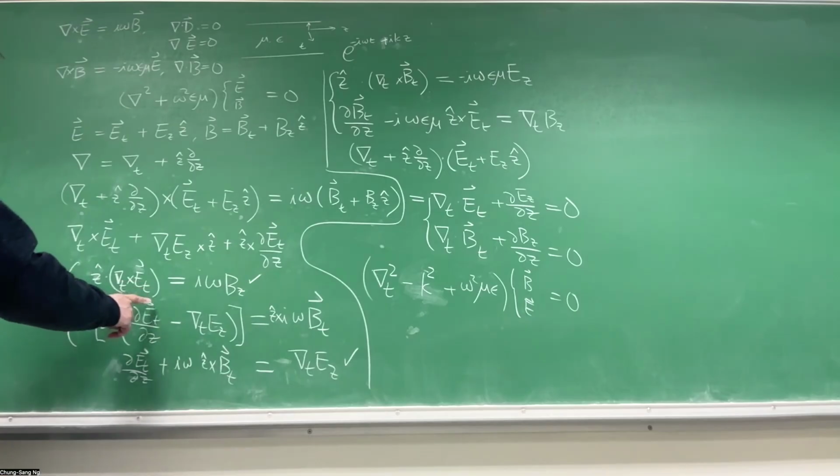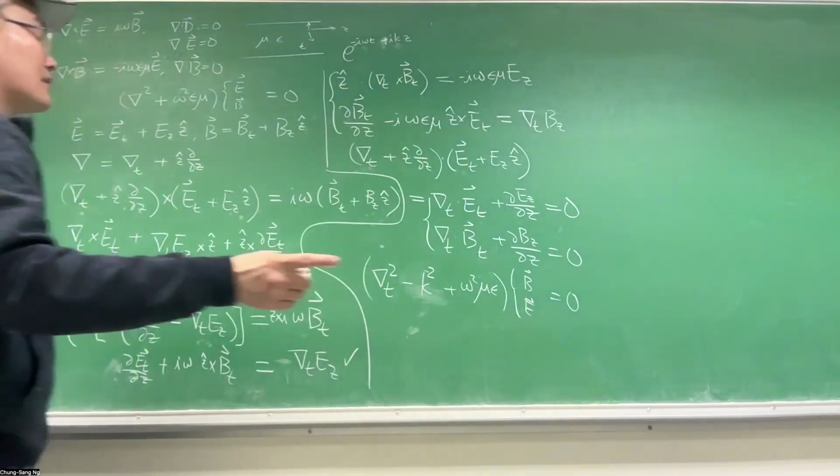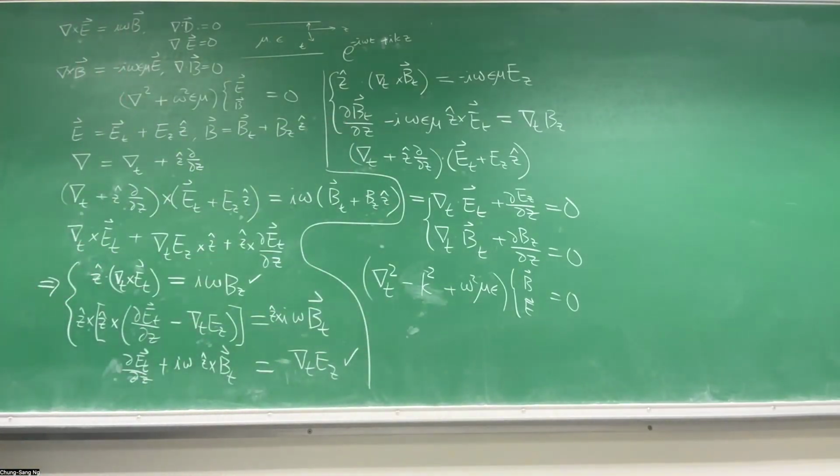So you want the equations for E sub t and B sub t in terms of E sub z and B sub z.